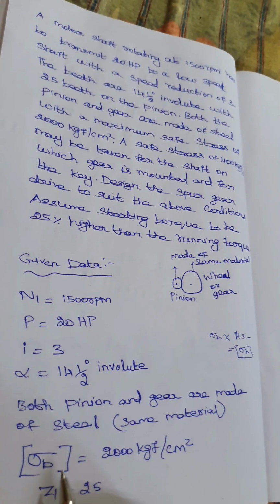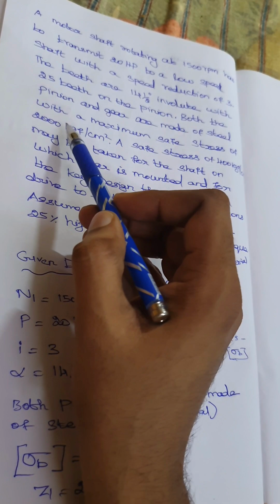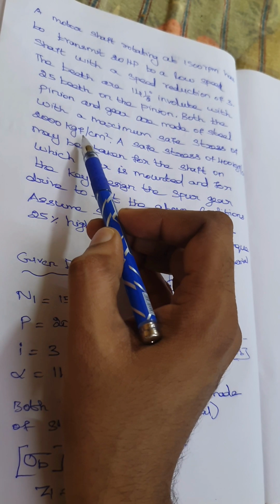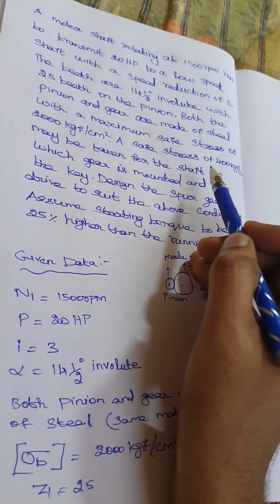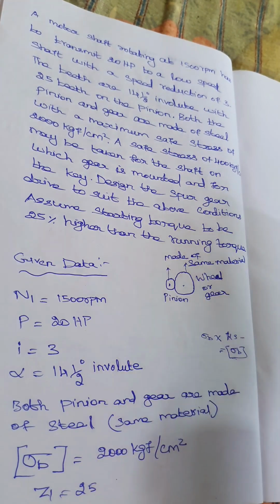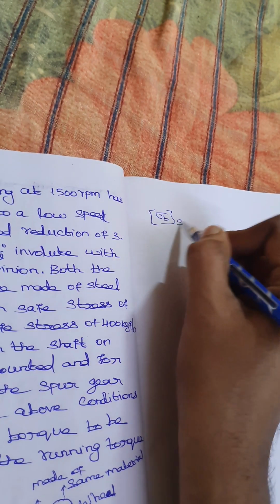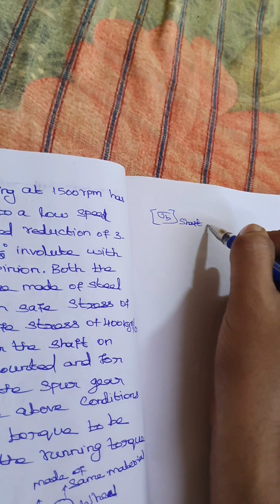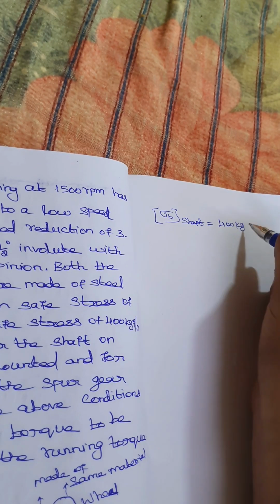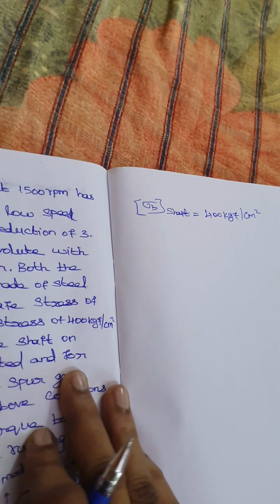Here the safe stress for the gear and pinion material, the steel, is given as 2000 kilogram force per centimeter square, and another safe stress for the shaft, which is a different material, is given: 400 kgf per centimeter square, as you can see.